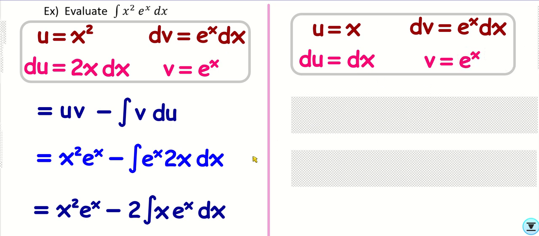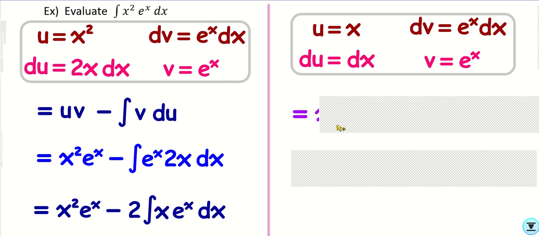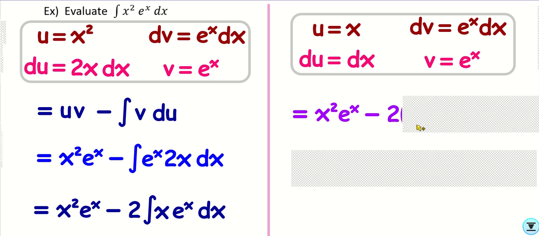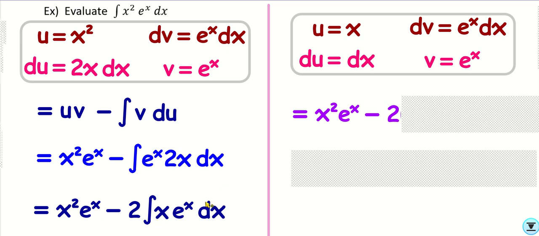Let's take a second to realize what's happening next. We had this, and just to do this integral, we're doing integration by parts. So x squared e to the x minus 2 just gets brought down.